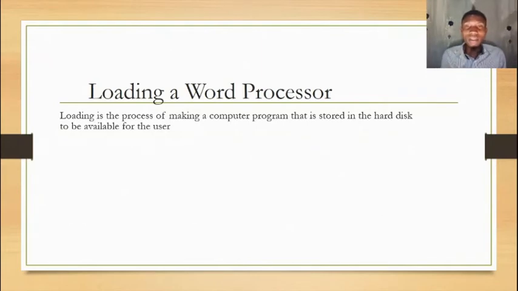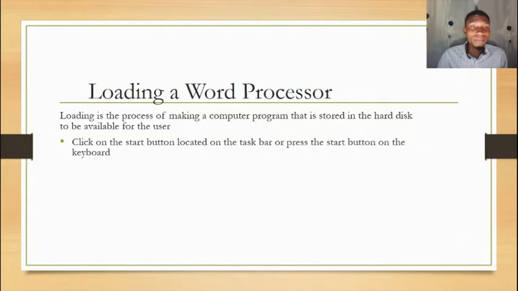Another way you can say it is to open a program. That's a simpler way of saying it, but loading a program is the more accurate way of saying it. So to load a program, first you click on the start button that is located on the taskbar at the left bottom of the screen, or press the start button on the keyboard.